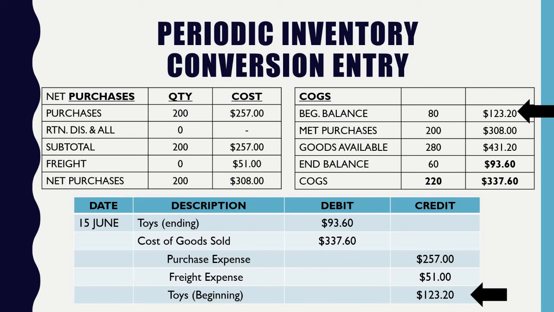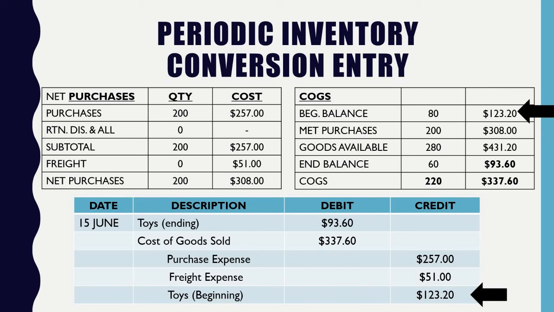Okay? You have your purchase expense and your freight expense, right? If you remember, my purchase expense only had 200 units available. Okay? But in this case, I want to also include my beginning balance because that's going to make my total goods available to be 280 units, right?